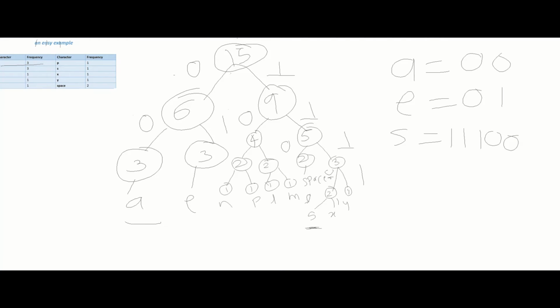So the value for S is going to look like this. I hope this is clear and you have understood. I'll explain further in the next video how you can calculate the value of any one character once you have a Huffman tree.